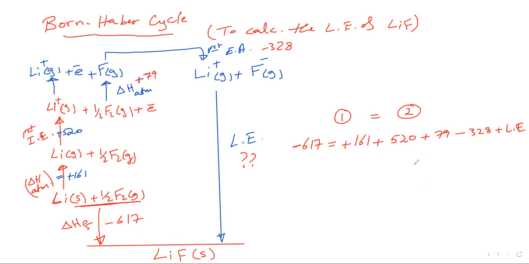And so if you do this calculation, the lattice energy is equal to minus 1049 kilojoules per mole. And as we said, the lattice energy should always be a negative value, because it is two ions bonded together to form a bond. Always bond formation releases energy, and bond breaking requires energy.